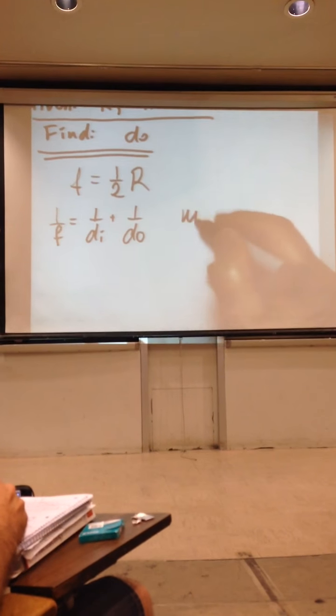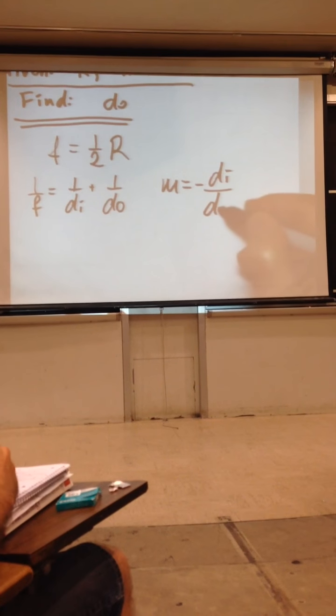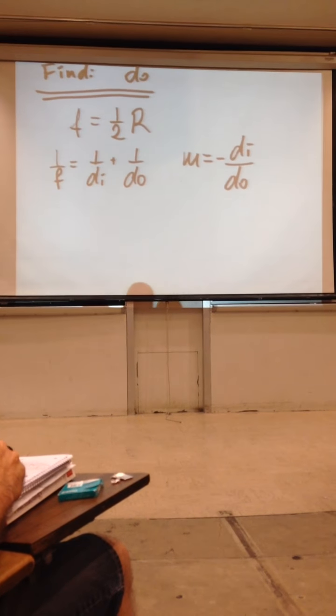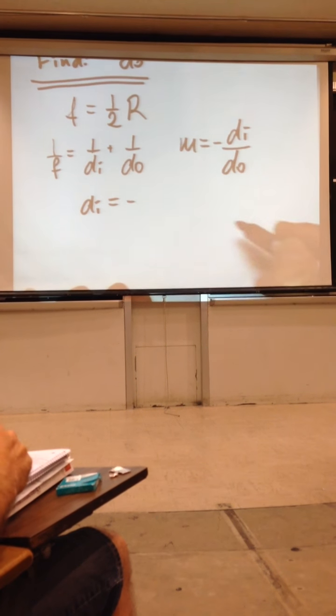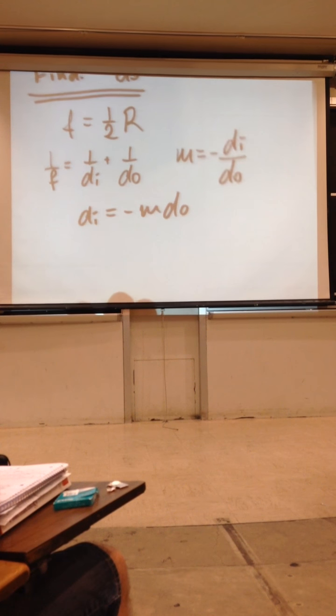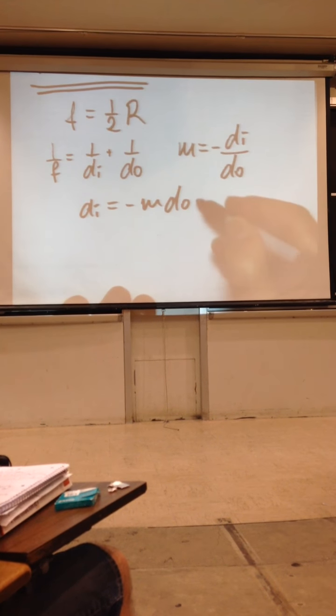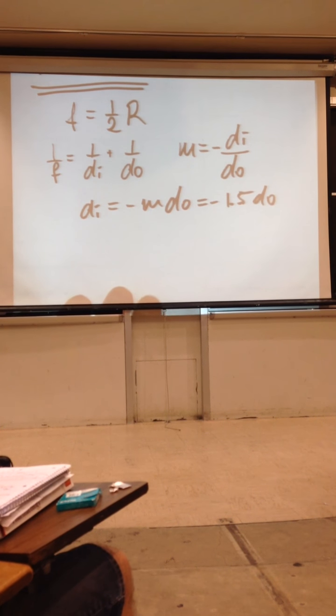Magnification is negative dI over dO, right? And from here, image distance is negative M times dO. And M is given. This is negative 1.5 times dO in this case.